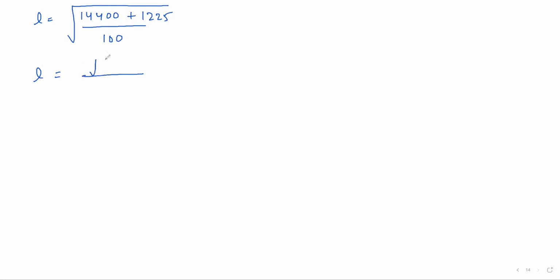Let me solve it here. So L is, now take the LCM. So it is 100. Now 144 means 14400 plus 1225, then under root, right? So L will be, if I take under root of the denominator, I get 10 and the square root remains only in the numerator. So this is 5, then 2, then I have 6, and then I have 5, and this divided by 10. Is that okay?